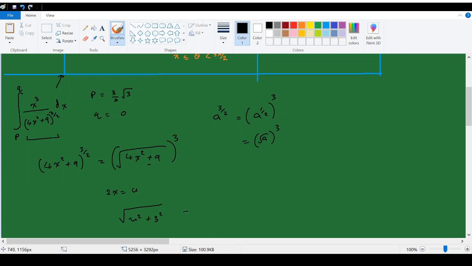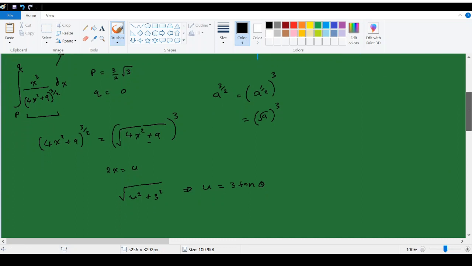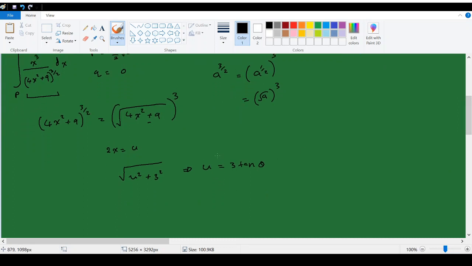That means we can use the substitution from the second category, u equals 3 tan theta, right? So once we have this substitution, now we definitely know that if we have this sort of a square root, this substitution will work, right?